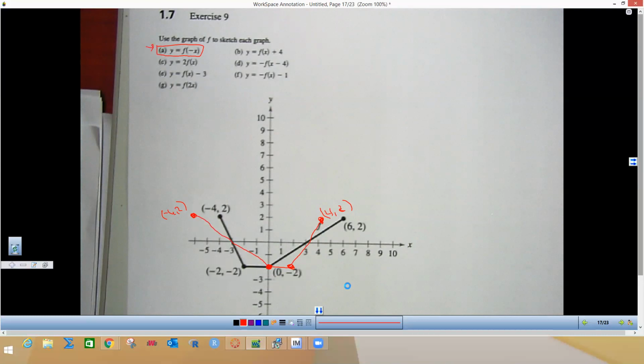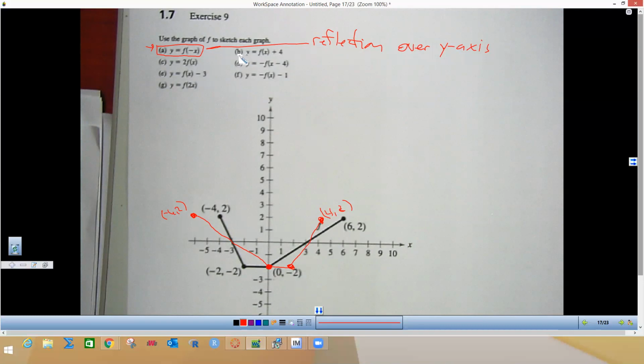And I guess I will do them all because I can erase this and do each one individually. Now this function is called a reflection over the y-axis or across the y-axis. So all these things flip across the y.